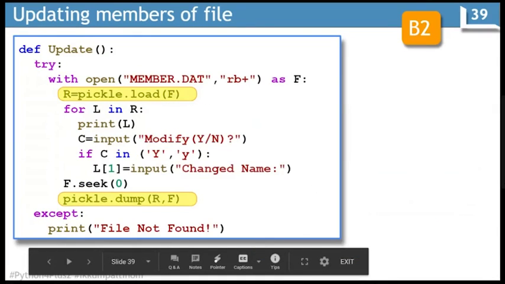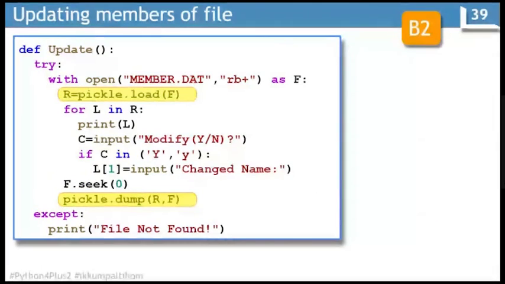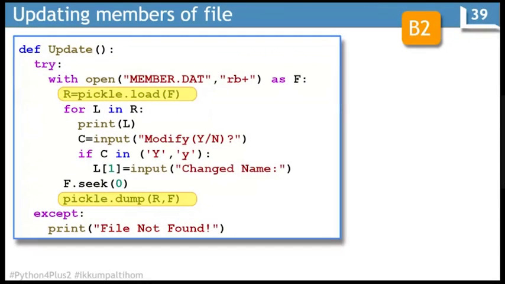Now, this is the last function. We have done creation, appending, we have done displaying, searching, and this is updation of member in a file. So let's assume this particular logic we wanted for changing the name of the person which is asked by the user.